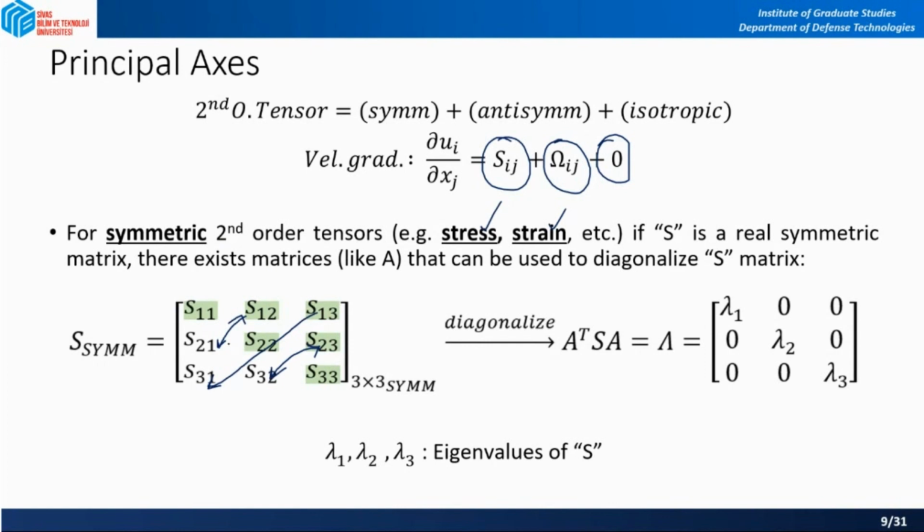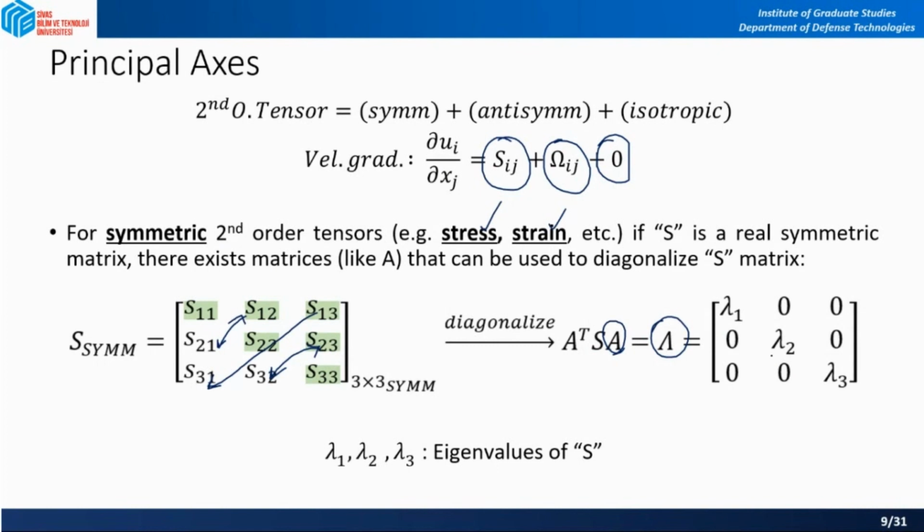So if this is a 3 by 3 symmetric matrix, there exists some matrix A such that A transpose S A, I mean A transpose multiplied by S multiplied by A gives you matrix lambda, and you know from linear algebra that lambda is a diagonal matrix, and these diagonal components you know as eigenvalues.